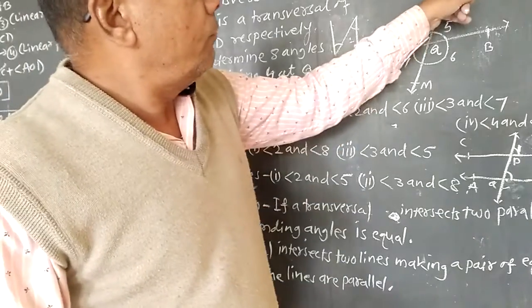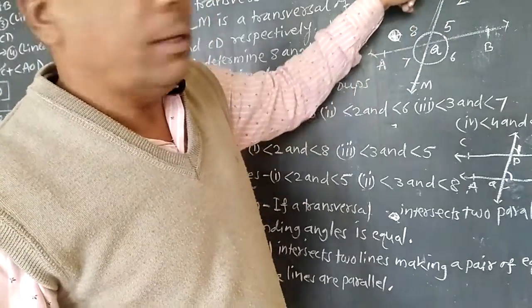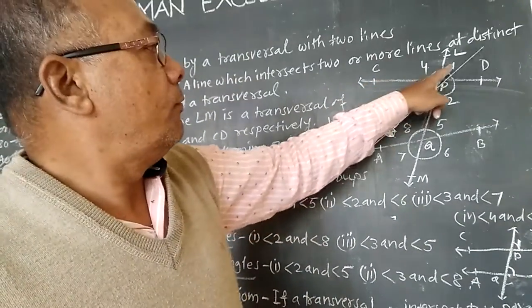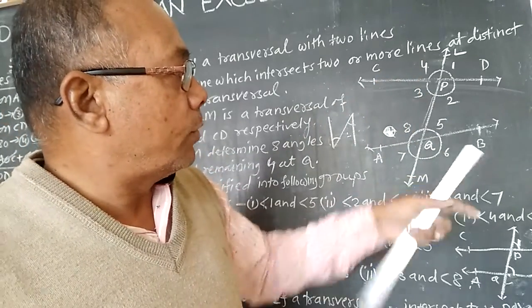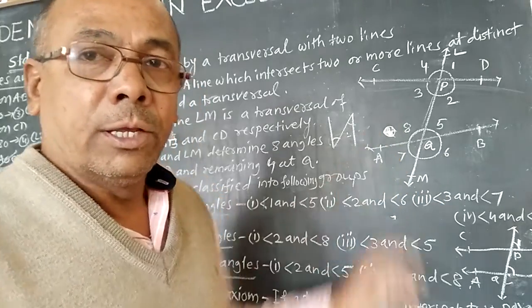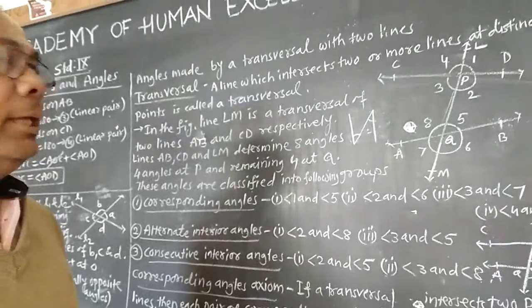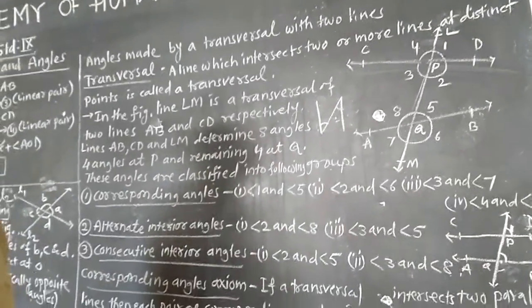Here 4 angles at P, 1, 2, 3, 4, and the remaining 4 angles at Q, that is 5, 6, 7, 8. So these angles are formed at the points of intersection of the two lines.